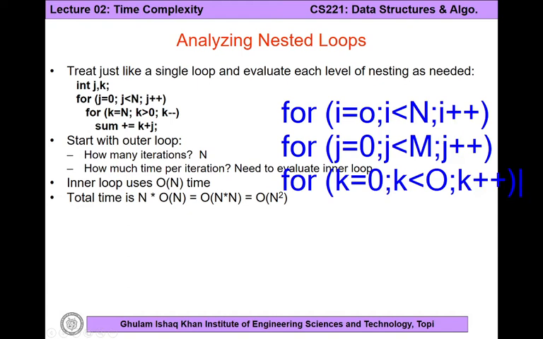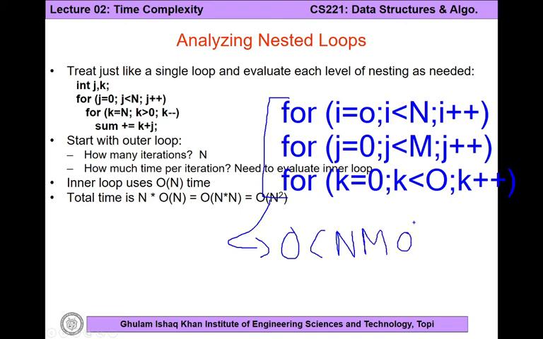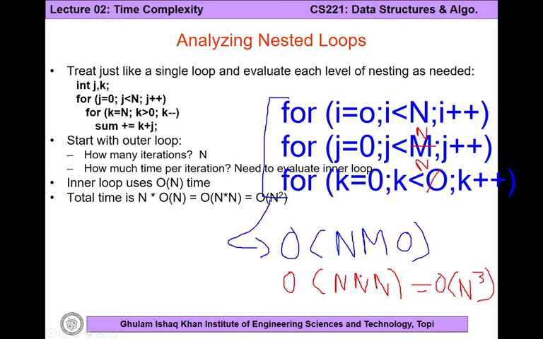Now we have 3 nested loops, right? So the time complexity of this piece of code will be order of n into m into o, and just in case this was n and this was n as well, then that would have been order of n into n into n, which is equal to order of n cube, right?